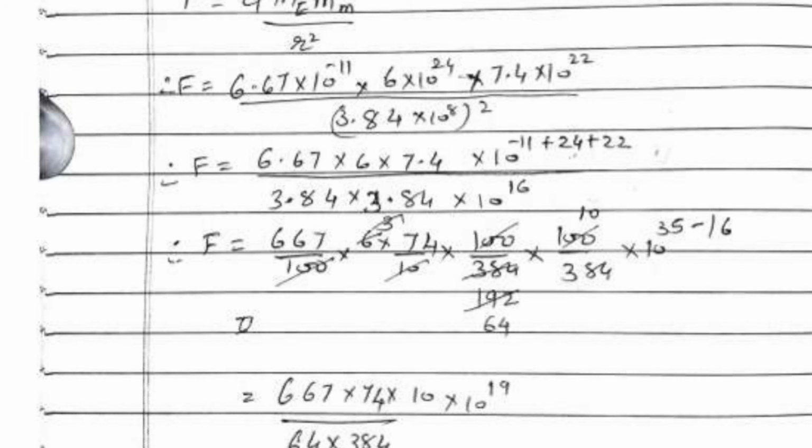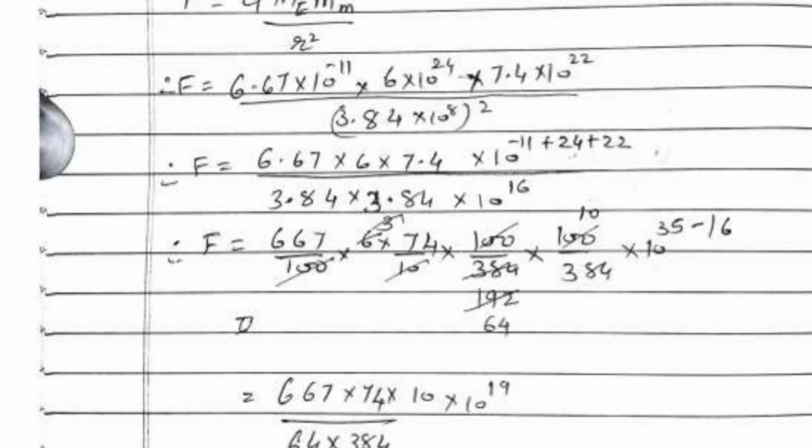And now a raised to m divided by a raised to n is a raised to m minus n. So that formula I will use. So it will be 35 minus 16. Okay. So now this I will do.